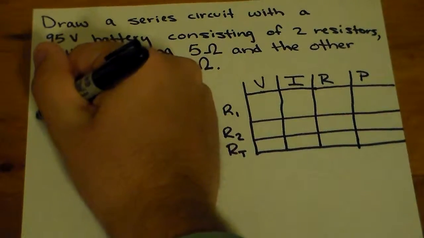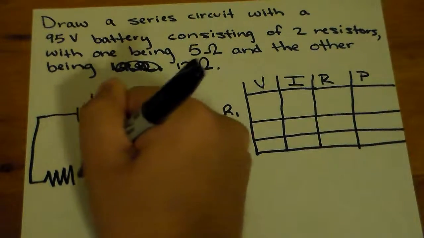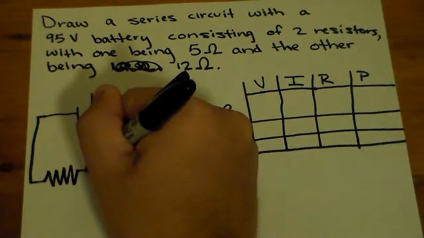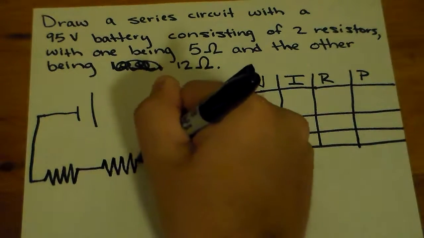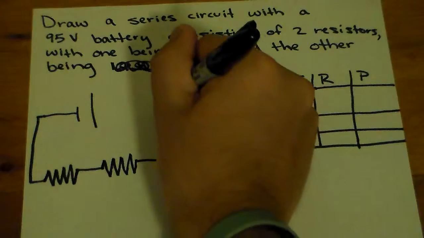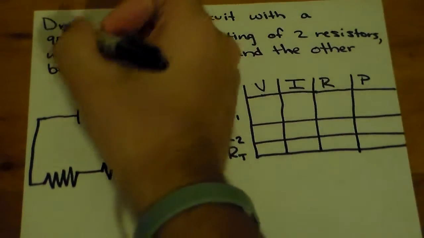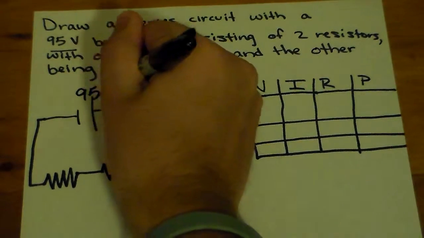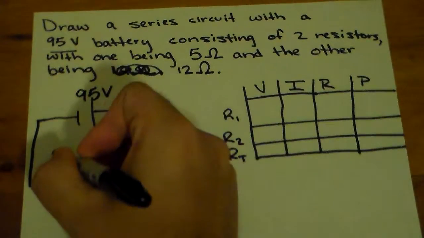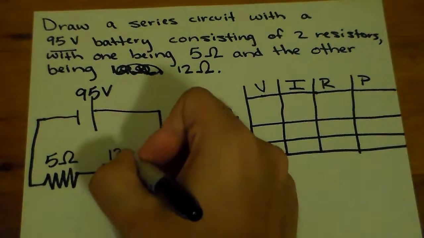We go out, go down, go over, create our first resistor, go over, make our second resistor, go over, go up, and go back over. So it says a 95 volt battery, so we'll write 95 right here, and we'll write 5 ohms right here, and 12 ohms right here.